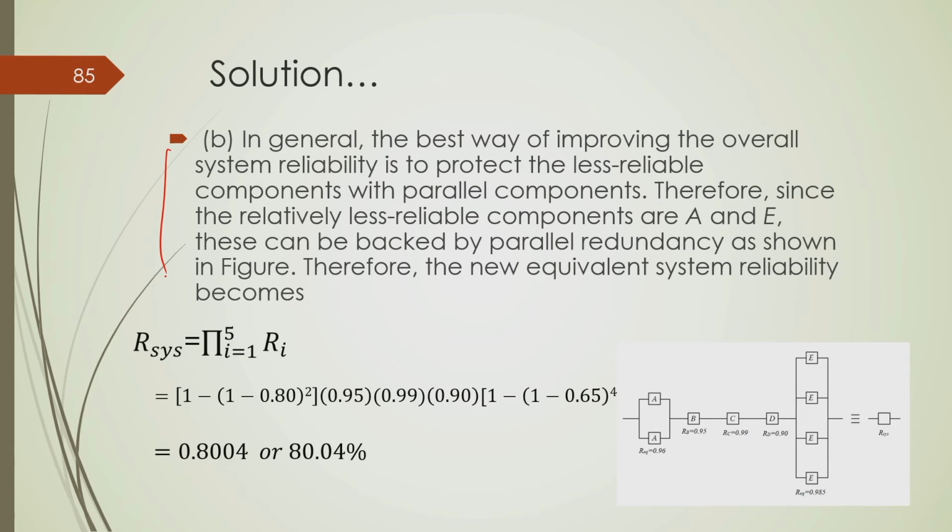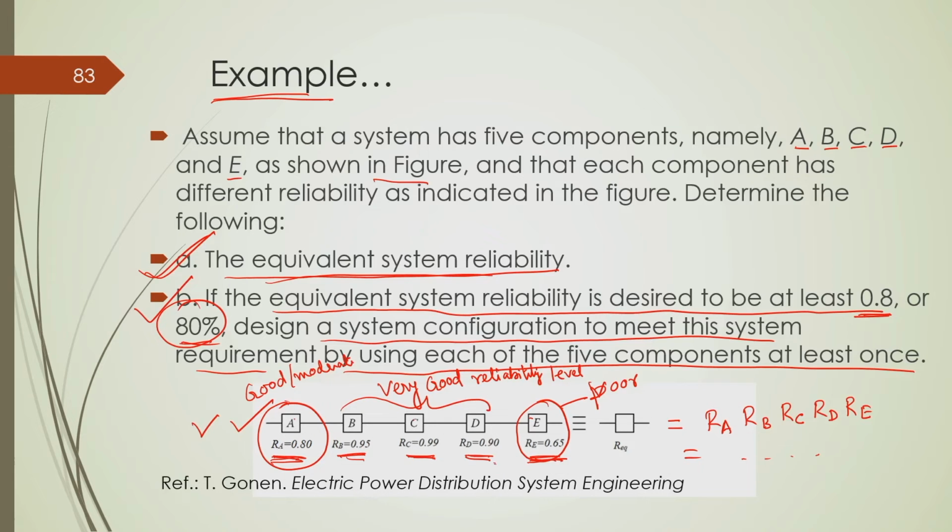Here, as you see, out of these 5 components, these 3 components B, C, D have a very good reliability level. So their failure rate is very low, and we do not bother about their failure.